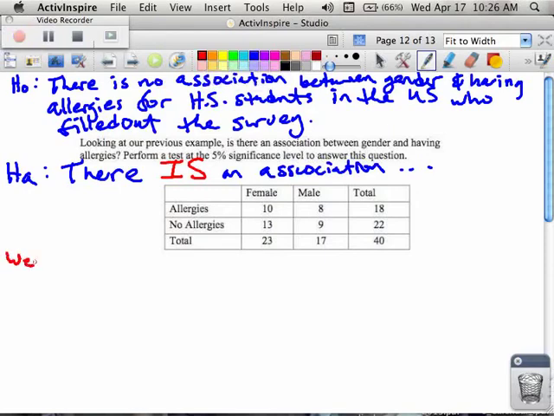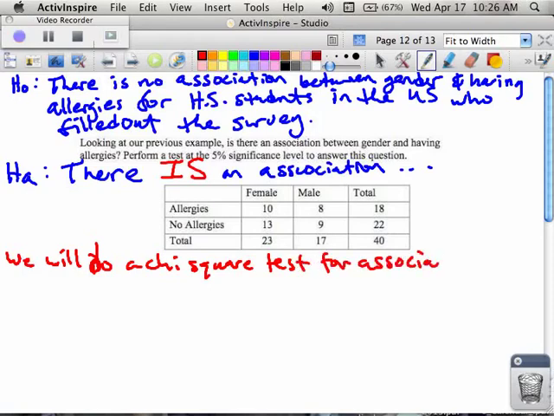We will do a chi-square test for association / independence.